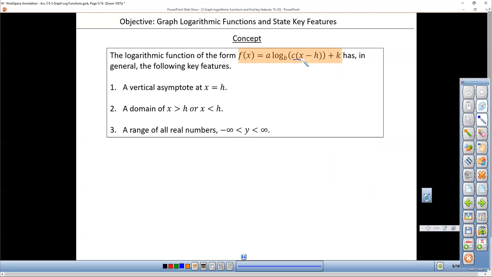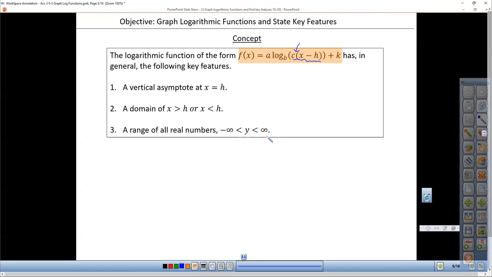Notice inside the parentheses, which is our argument, in order for us to correctly identify any reflection across the y-axis, horizontal stretch, or horizontal compression, the coefficient of x, if it's something other than +1, needs to be factored out, or we won't get the correct h value to tell us what our horizontal translation is. So we want to be careful about that.